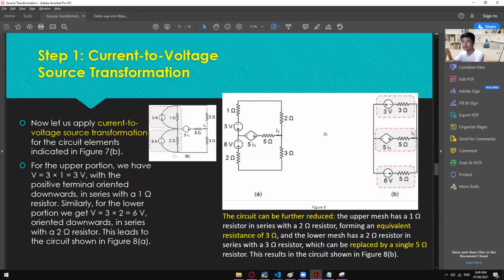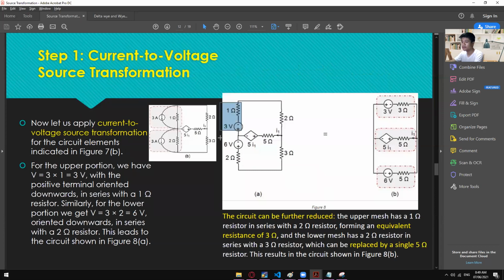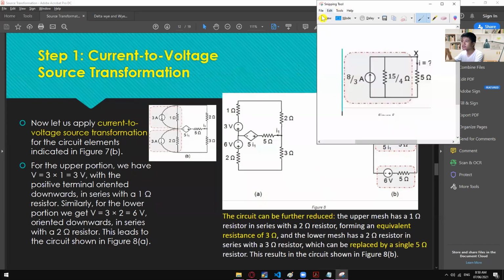So in here, we transform those two sources into a voltage source. Another voltage source right here, and then another voltage source right here. So let's confirm how we got those values.